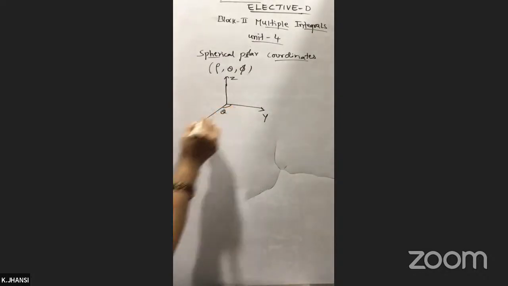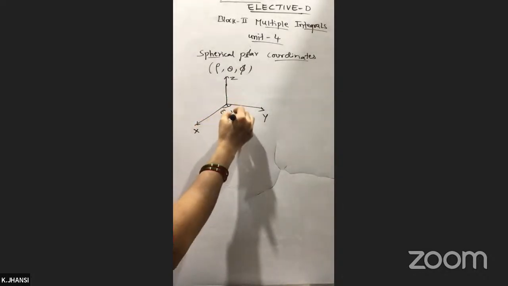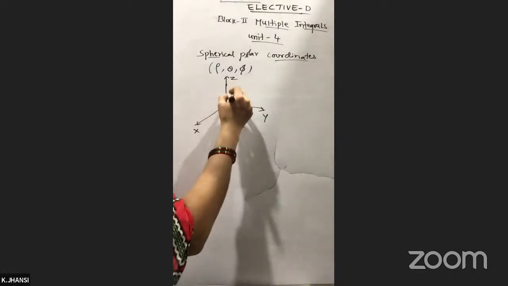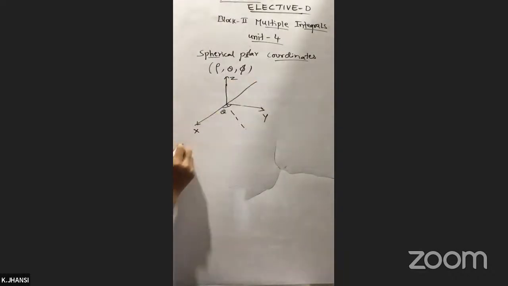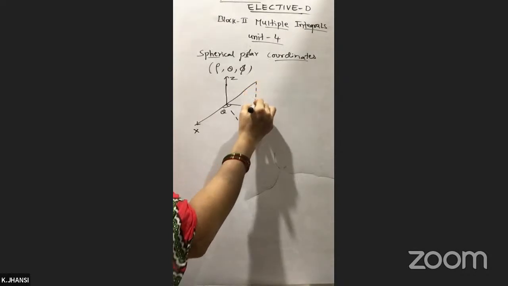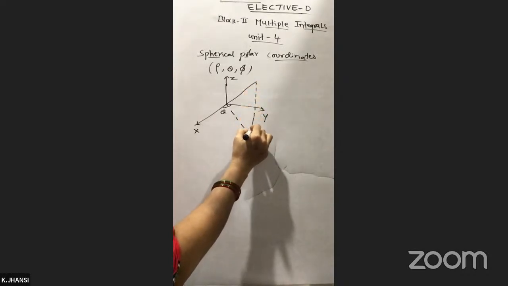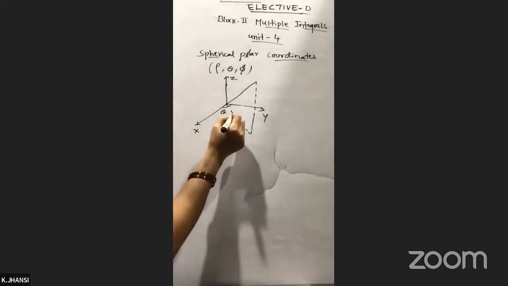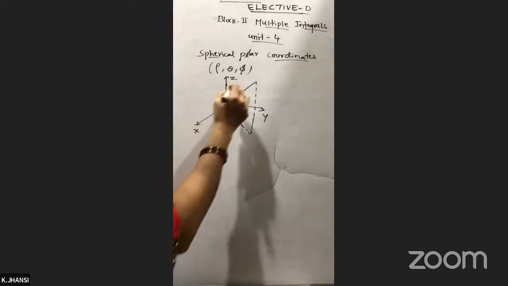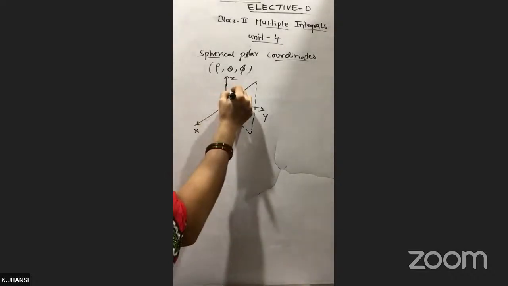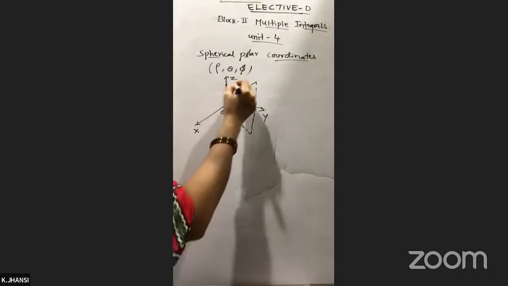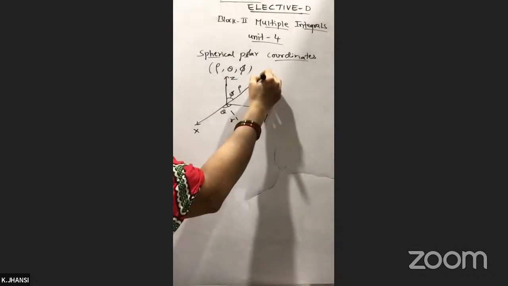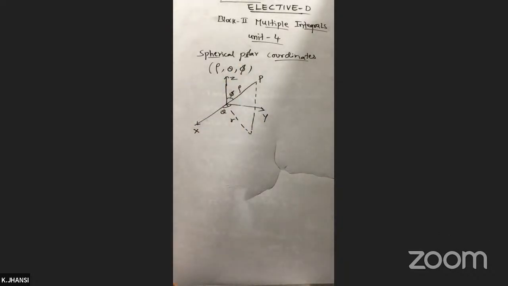Here, whatever angle it is making, it is theta. This is r here, and here the angle it is making is phi, and this is rho, and this is the point P. So point P has coordinates x comma y comma z.